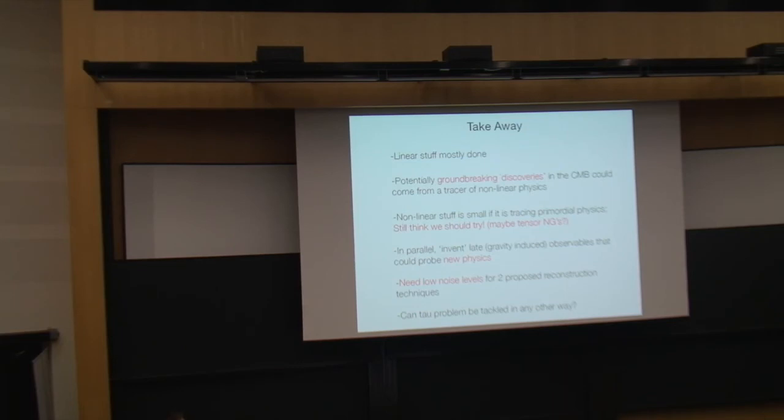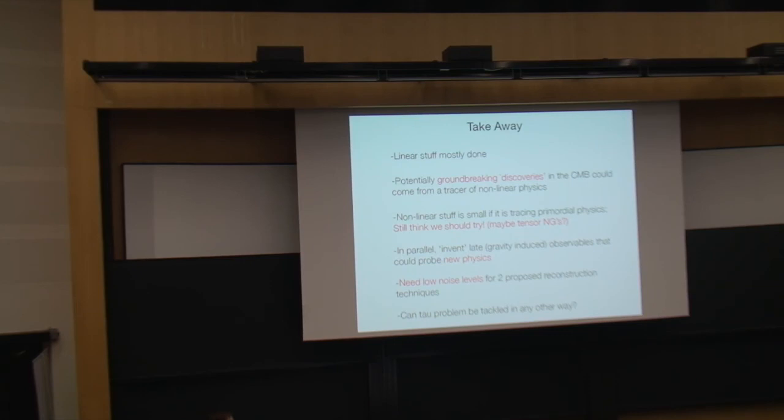So the takeaway, I think, is that the linear stuff is mostly done, but of course there are potentially groundbreaking discoveries possible in the CMB coming from traces of nonlinear physics. And I think, for example, lensing is a success story in that case, and it's going to improve a lot. When you think about nonlinear effects from inflation, they turn out to be small just because we have these tight constraints from Planck.